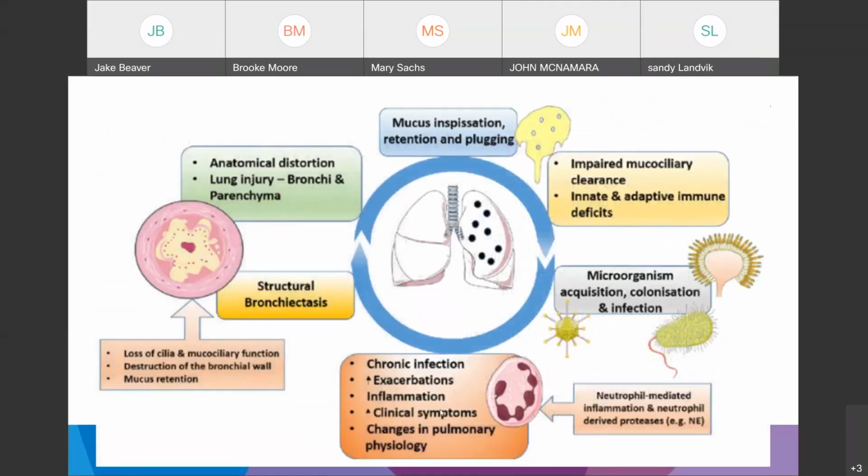This image is a cycle of infection and inflammation and damage that can occur if we don't treat lung infections. So if we look at the very top of the image, because of the changes in the CFTR protein, you get thick mucus that tends to want to get stuck in the lungs and causes plugging in the airways.